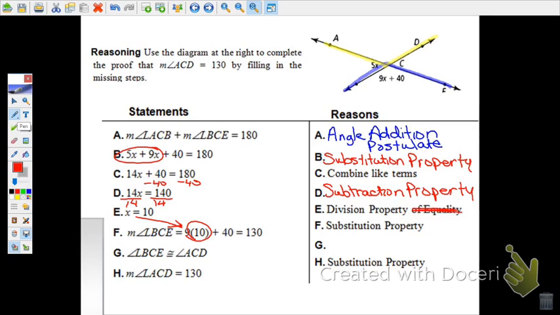So how do I know those two angles are congruent? They are vertical angles. So we need to write vertical angles. For angles, we can use the angle symbol. Vertical angles are congruent. We can use the congruent symbol. Vertical angles are congruent.